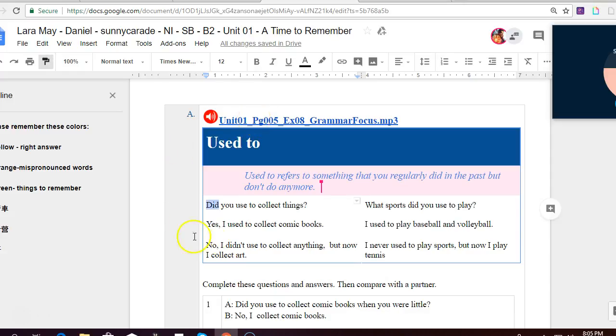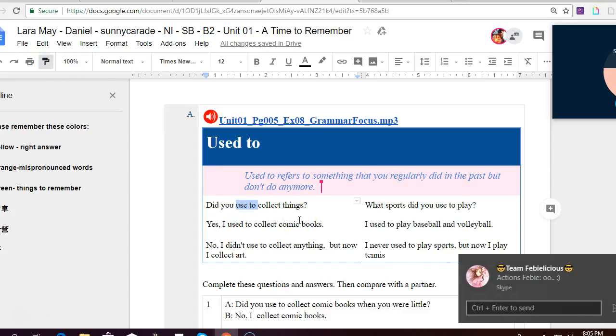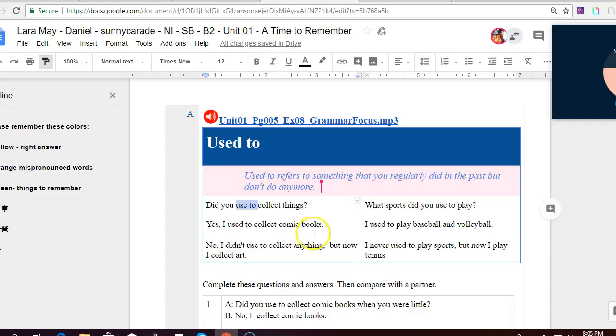So here they use the words "used to collect," which means they were regularly doing that thing. Can you please read this sentence? Used to collect comic books.